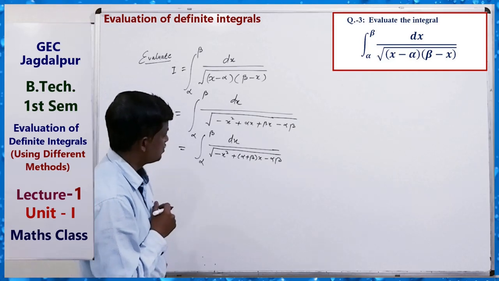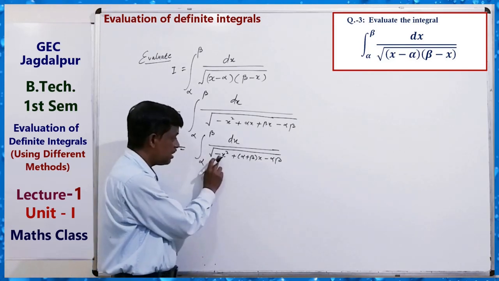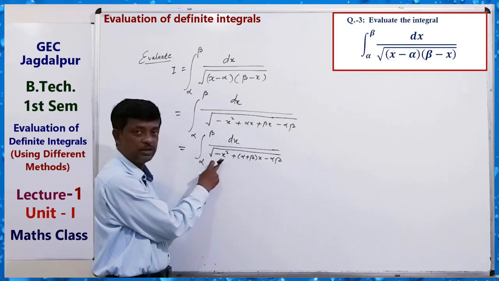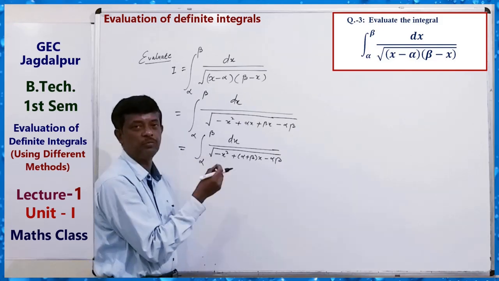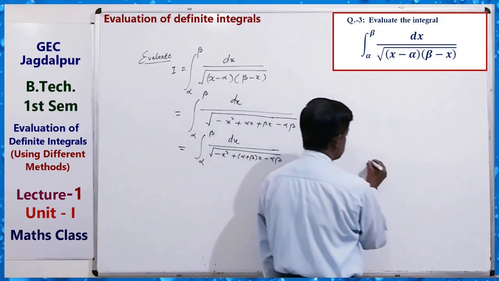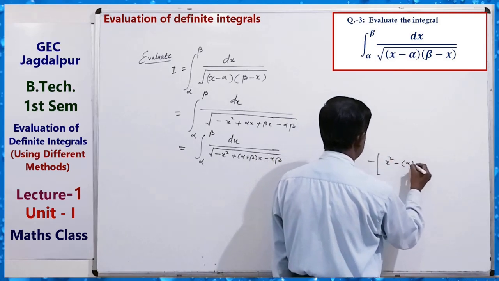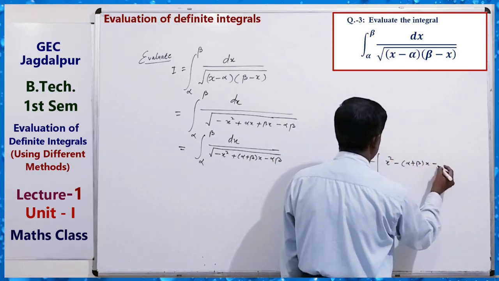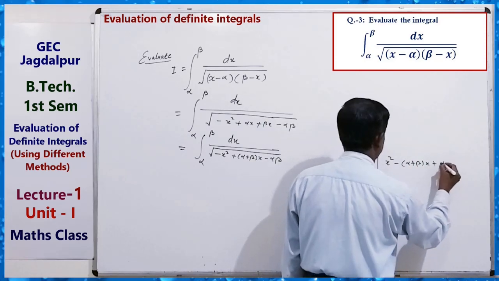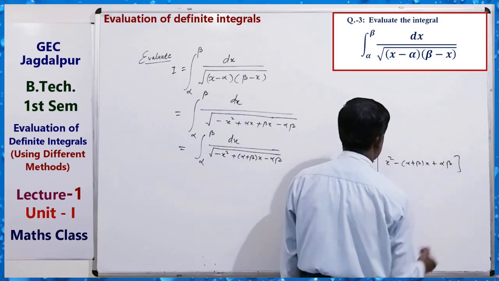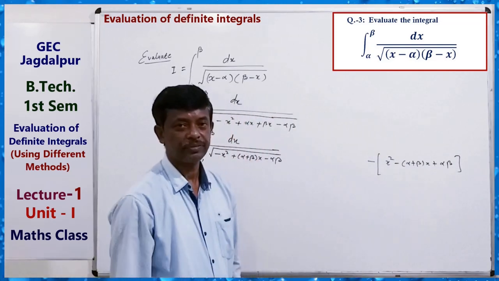Whenever there is a minus sign with x square, just take the minus sign common. If we take minus sign common, then we get x square minus alpha plus beta x plus alpha beta, just like this.